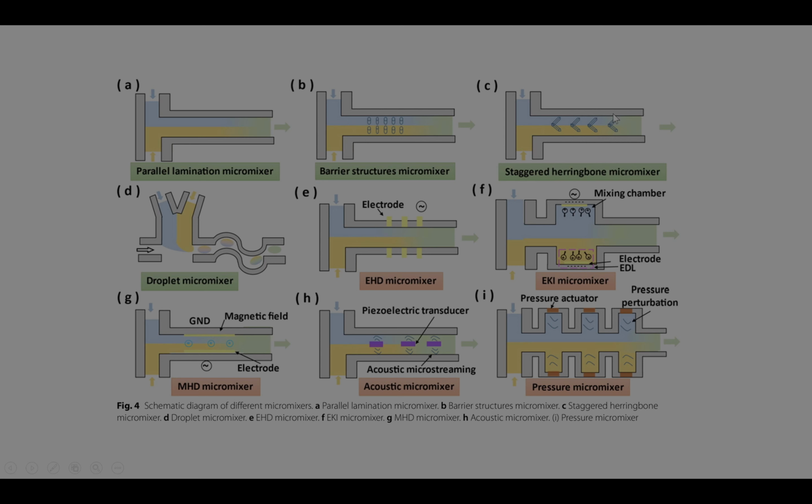Vice versa is also possible. That's how this micromixer works and we get the different ingredients. It also depends on the concentration and how much flow rate we are giving to both of the fluids.